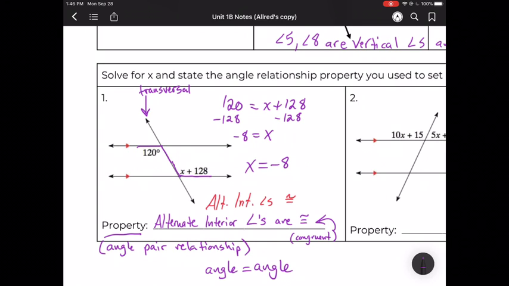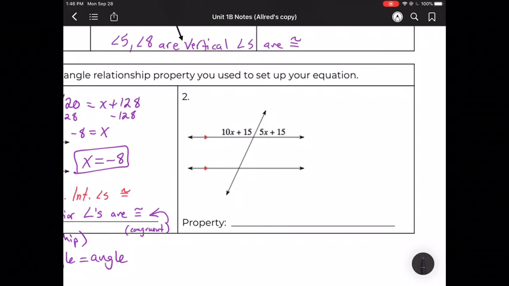So if x is negative 8, that might seem strange, but remember, it's the value of a variable. And if I plug that in here, negative 8 plus 128 goes back to equaling 120. So that is my answer, but you need to do this part every time. I want you to write the angle pair relationship so that you can understand how to better write an equation.